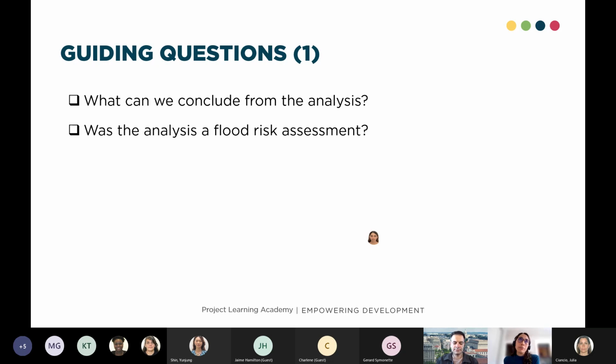Because first, we are seeing just this blue area. We don't know exactly the depth, how's the water height in each point of the map. We just know that that may be a flooded area.